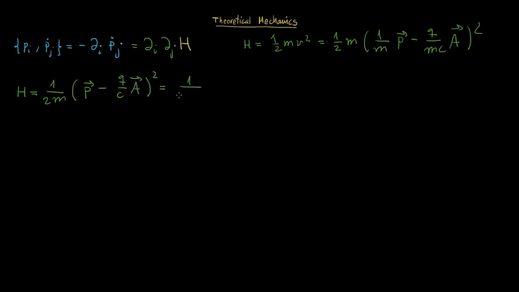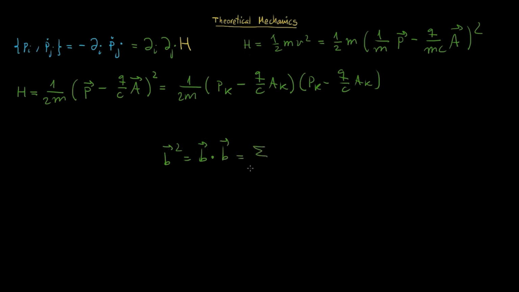Or using Einstein's criterion, this is (p_k minus q over c A_k) times the same thing. Remember, vector b squared is b dot b, which is the sum over k from 1 to 3 of b_k b_k.